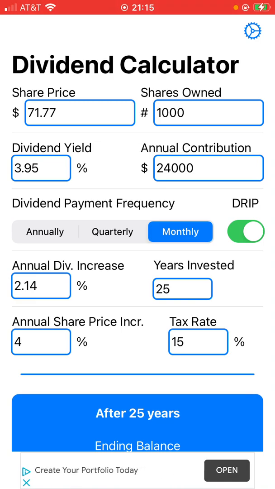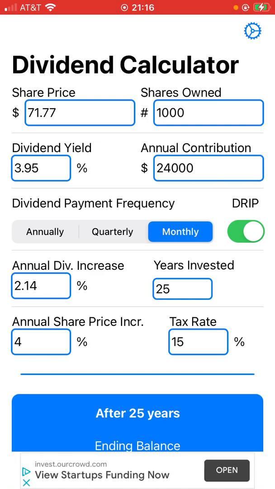And we know that O, or Realty Income, pays out their dividends on a monthly basis. If you don't know anything about REITs, the one thing you do need to know is that by federal law, they have to give out at least around, I believe, 90% of their income or revenues.